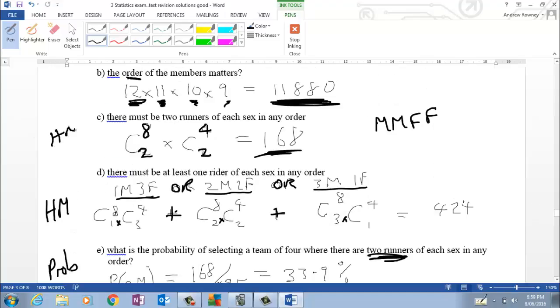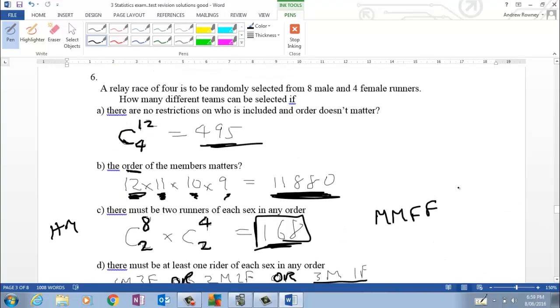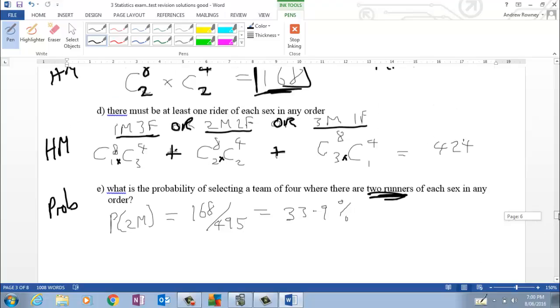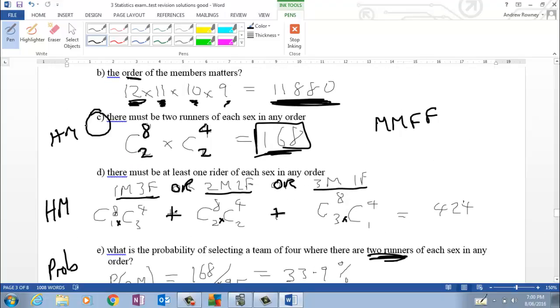There are 168 of those. So it's 168 divided by the total, 495, which is a 33% chance of selecting a team where 2 runners of each sex are in the team.